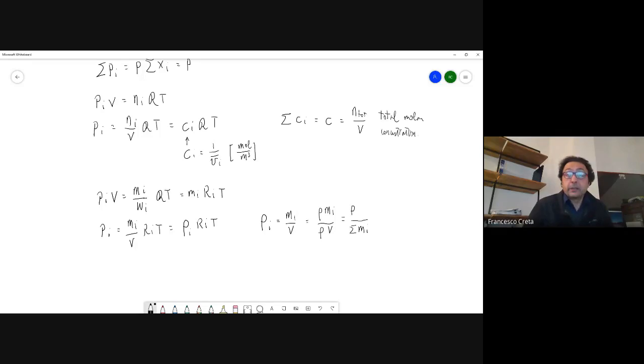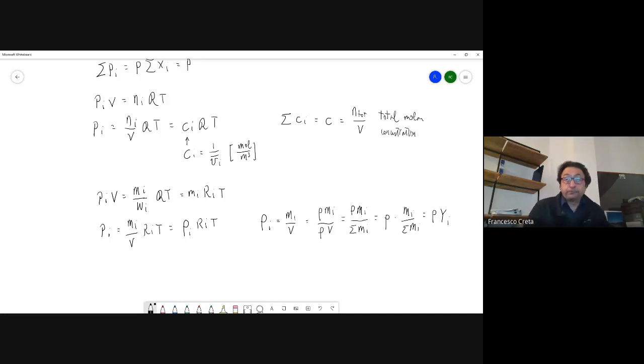And then you have rho times m_i over the total mass, which is essentially the mass fraction. So on a mass basis, it's the same thing as what the mole fraction was for moles.